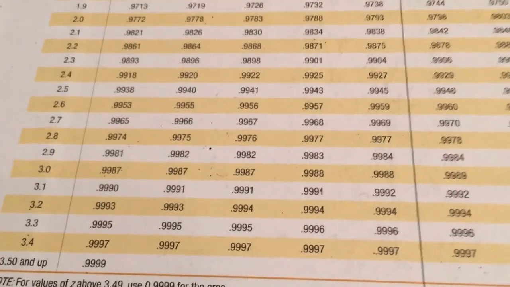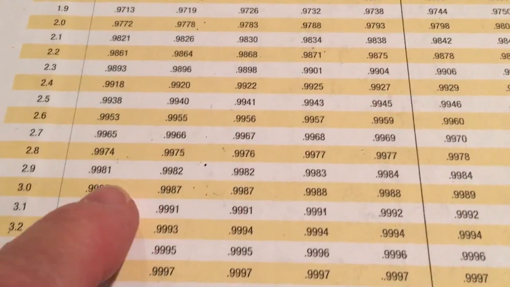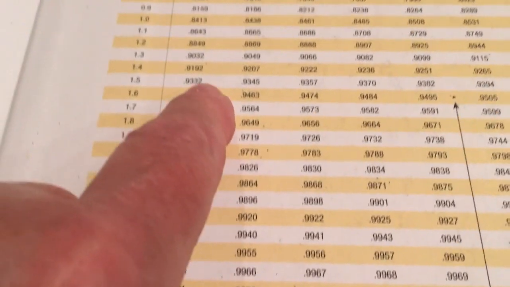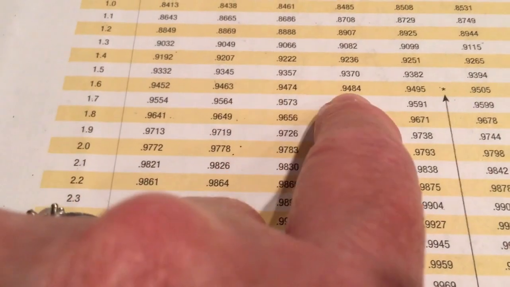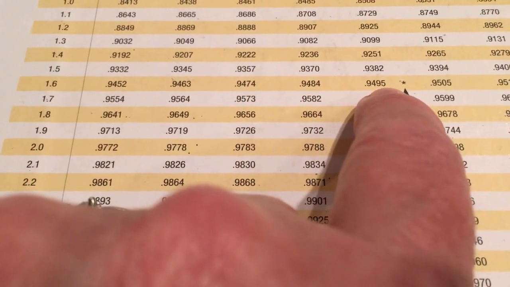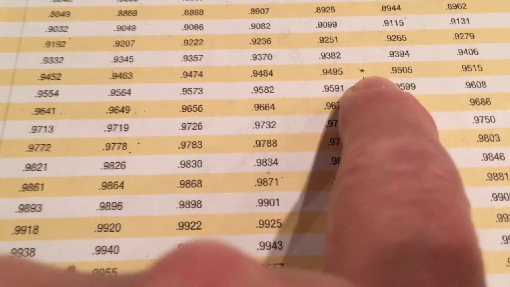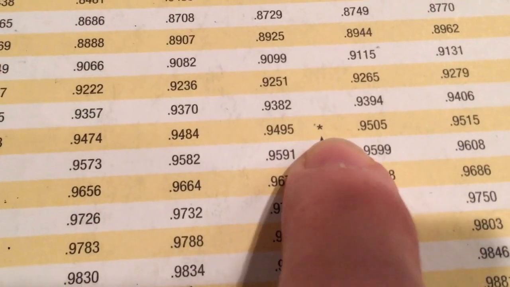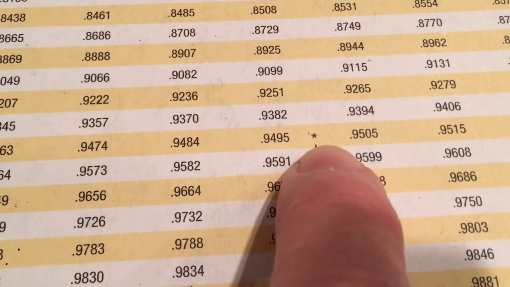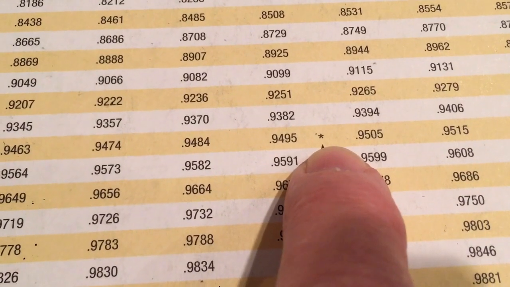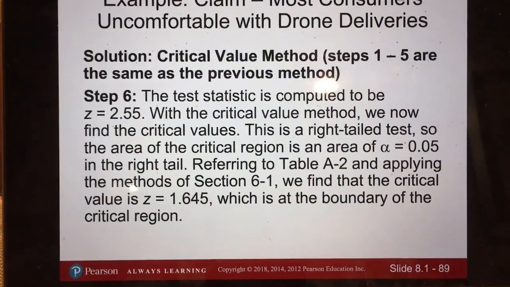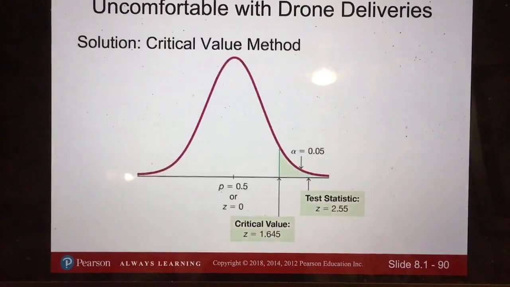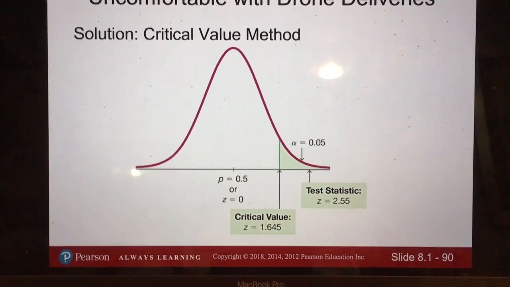If we went to our chart and we looked up the 0.95, it would be 1.645. Here it is again. Okay, so 5% in the tail is going to be 1.645. And now we go back to our chart. And here is our graph.